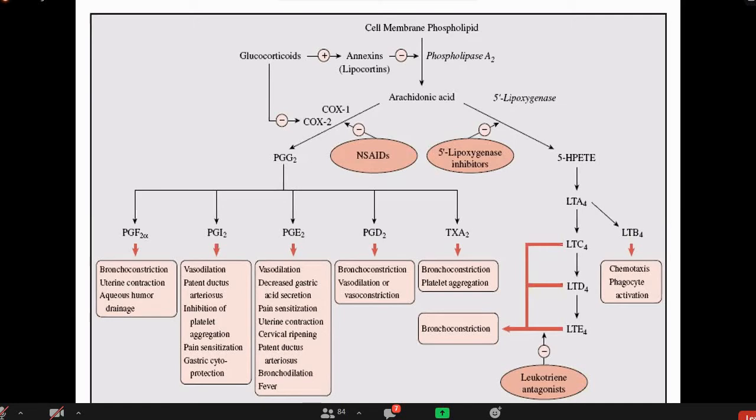So this is one of the reasons why, in a patient with a history of asthma, the attack of asthma is going to be exacerbated or increased. The episodes of asthma attack are going to increase due to this phenomenon if a patient is taking aspirin or NSAIDs as well.